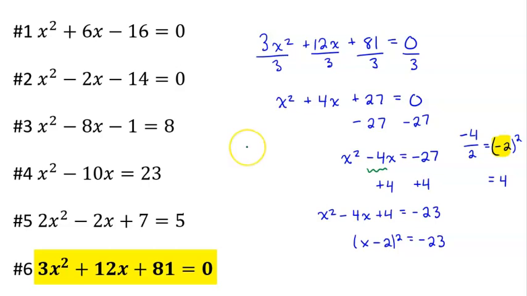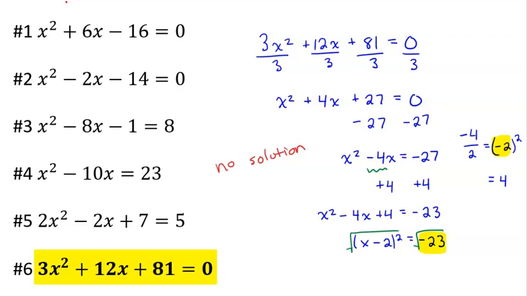And then from here, I'm going to take the square root of both sides. And then notice from here again, we've got a negative underneath our radical. So this one is going to be no solution. All right, and that sums it up.